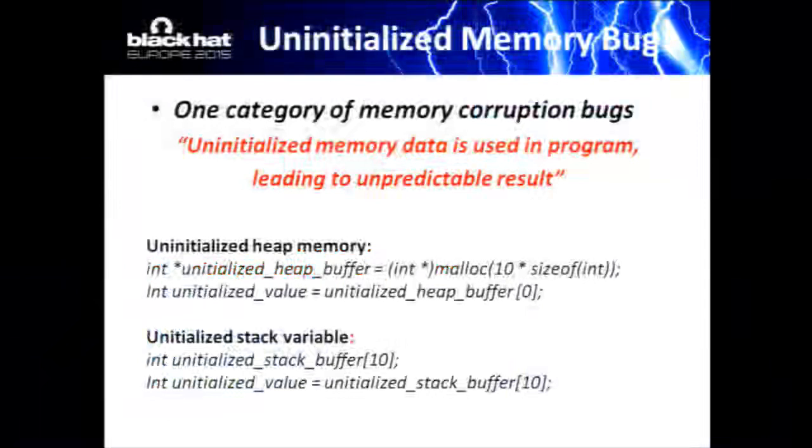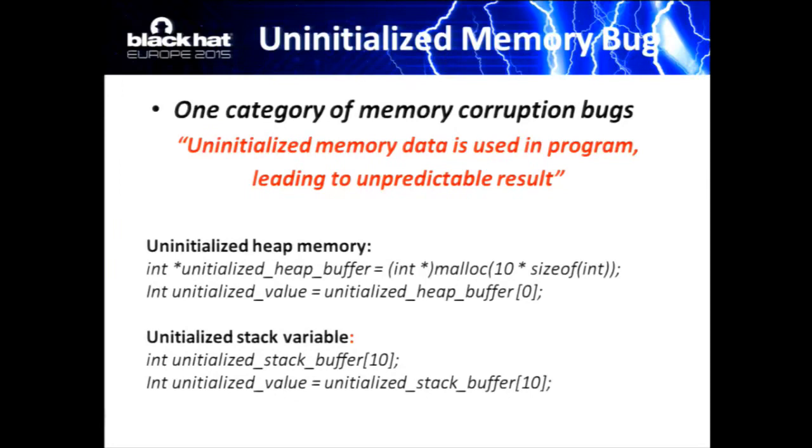When you write a program, you will access memory, and if your program uses local variables, global variables, or dynamically allocated buffers, then your program will be accessing memory data. So if your program uses this memory data before initializing it, you may get an unpredictable result. And we call it an uninitialized memory bug.